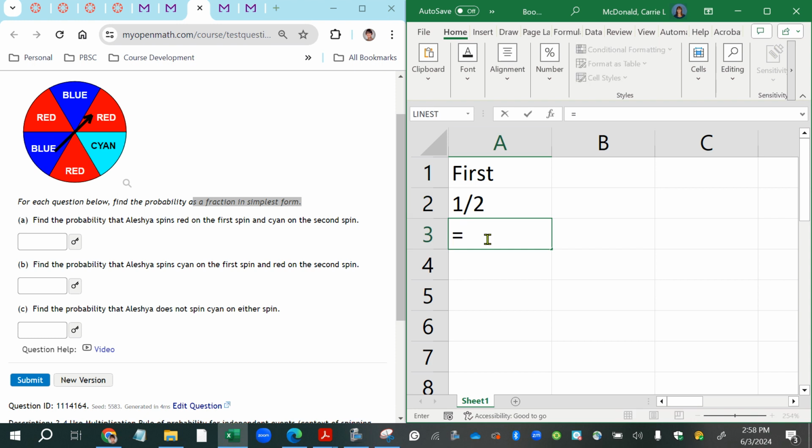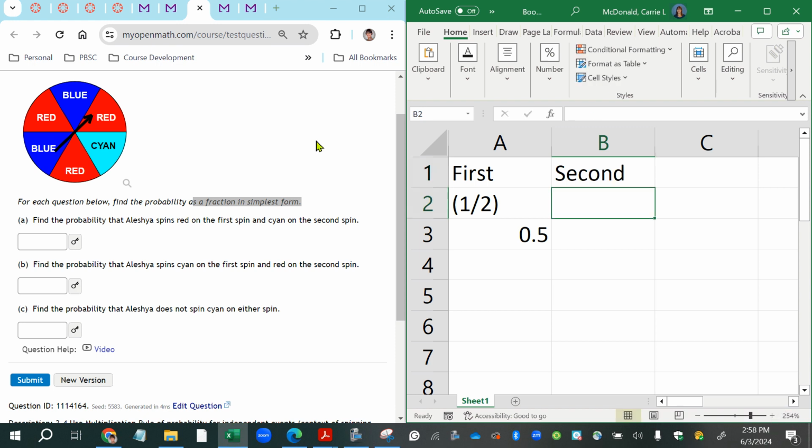But I will underneath it do that, because I'm going to do the multiplication with decimals and then just confirm that it matches what I think it should be using the actual fractions. Okay, so we have 1 over 2 for the first trial, right? And then the second trial is what we want is cyan, which there's only 1 out of the 6.